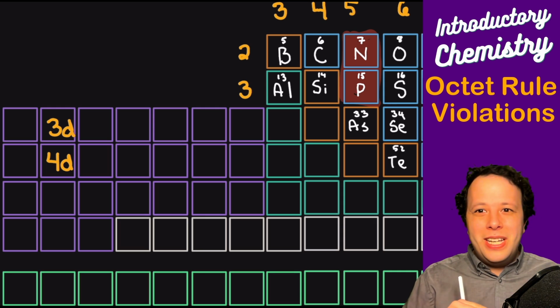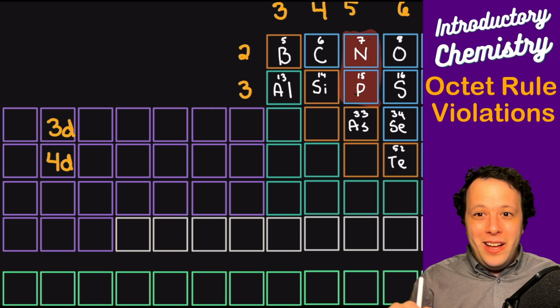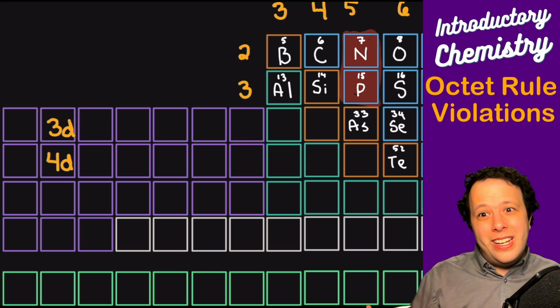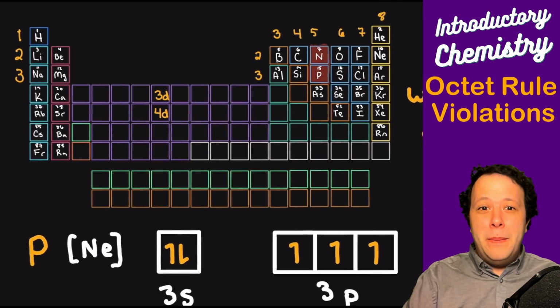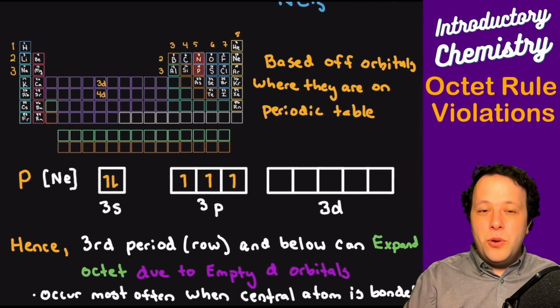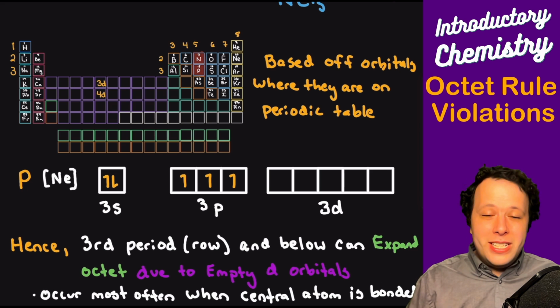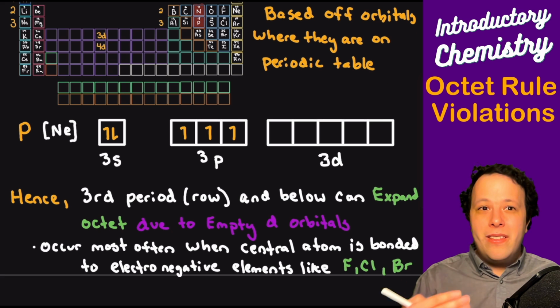It's like having an entirely empty house that's been fully refurbished, fully remodeled, ready to be moved in, and you can move in for free if you'd like. You're going to take it. Essentially, you have that ability. Being that the 3d orbital is available, it allows phosphorus to expand its octet and bond with more things.